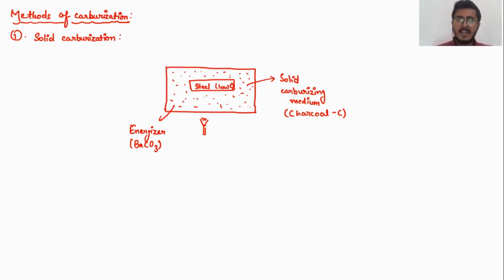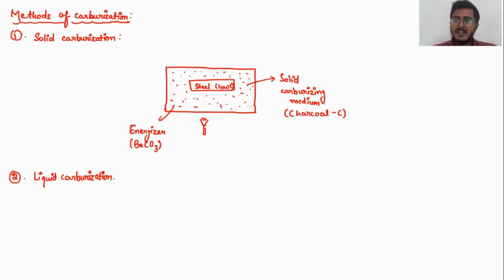Okay, similarly, the second method of carburization is basically your liquid carburization. Okay, now it is similar to the technique of the solid carburization. That is, we keep the low carbon steel inside a carburizing medium, which is liquid in nature.